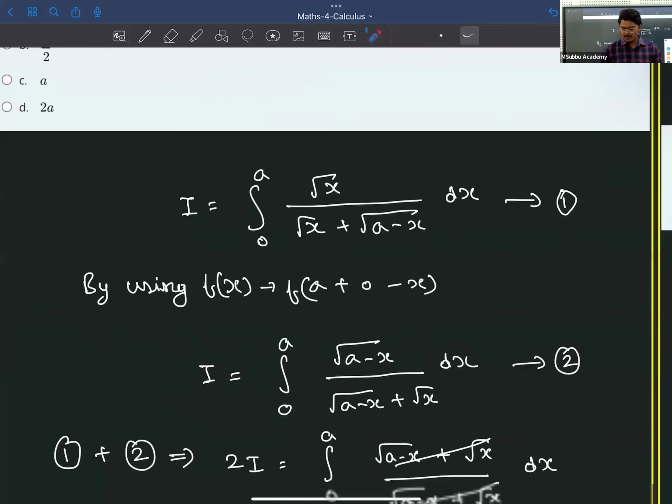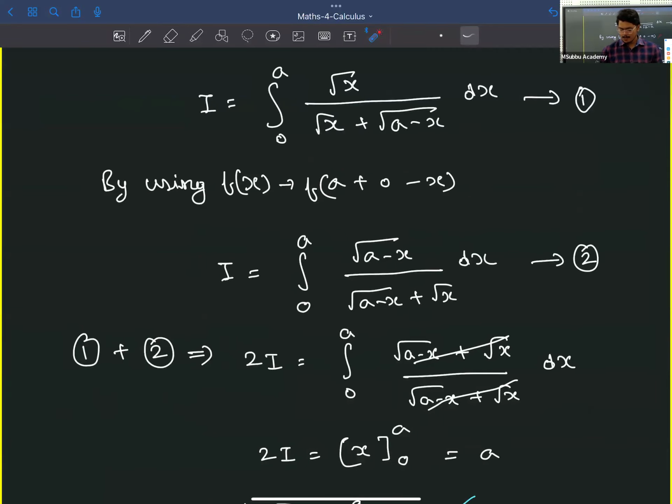So we are doing a property method here. What is a property method? We are using the limits property, that is the shifting property. f of x becomes f of a plus b minus x, where a and b are the upper and lower limits.